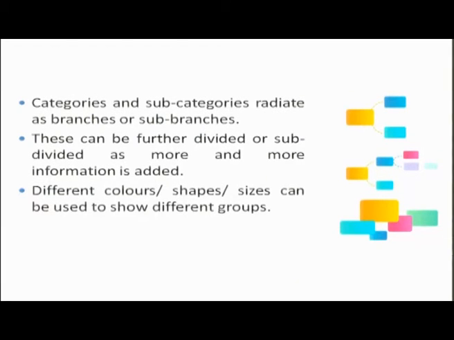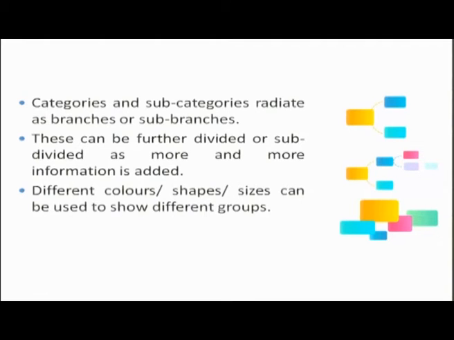Then categories and subcategories radiate from this main idea as branches or sub branches. For example, you can see here the main idea, then branching out, then further sub branching. These can be further subdivided as more and more information is added.